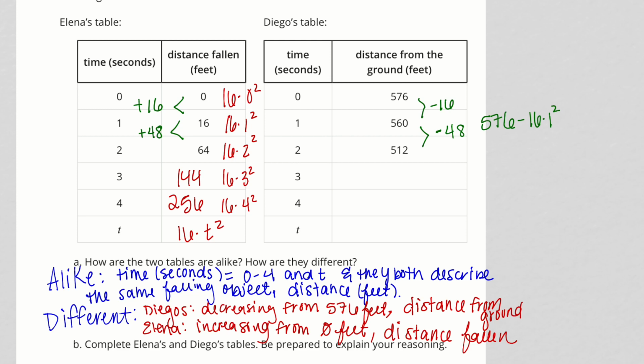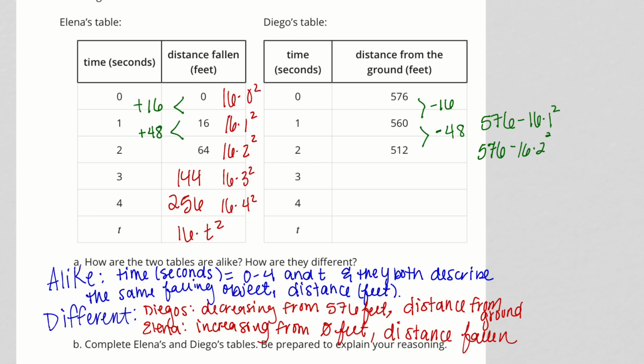So for the next one, what did we do? Would it be 560 minus 16 times 2 squared? No, still starting from the 576. Oh, okay, but then would it be the 16 times 2 squared? Yes. So if we said 576 minus 64, does that give me 512? Yes.